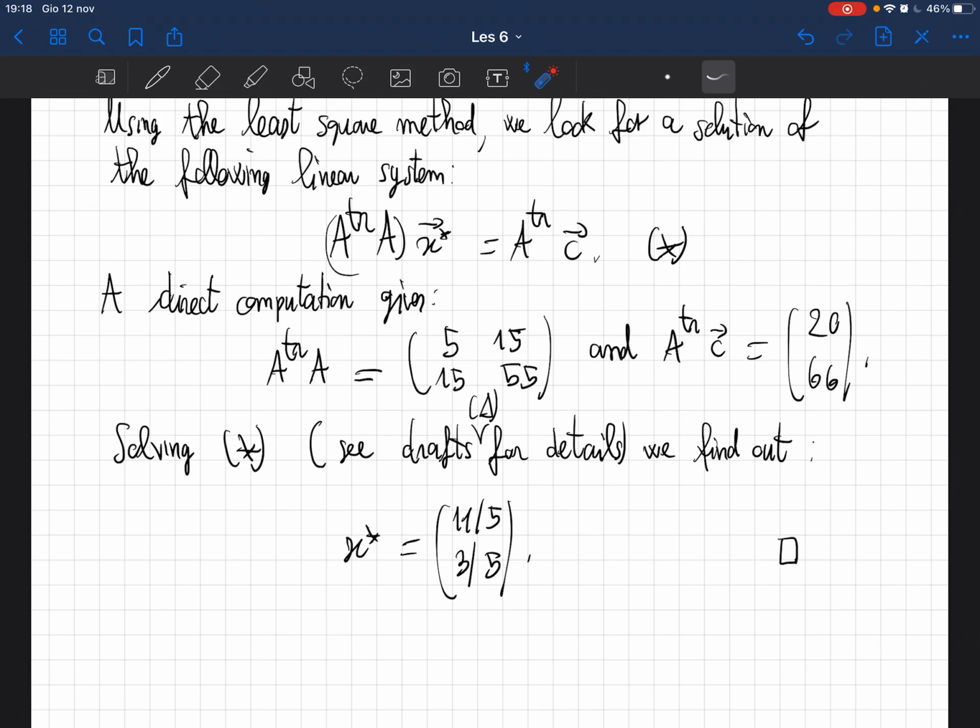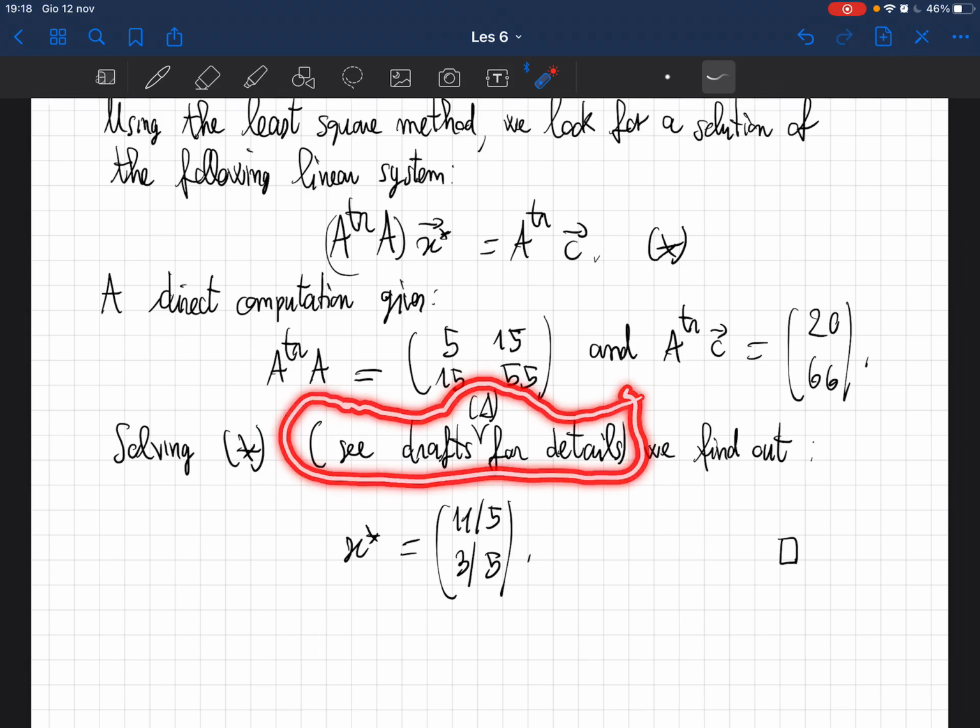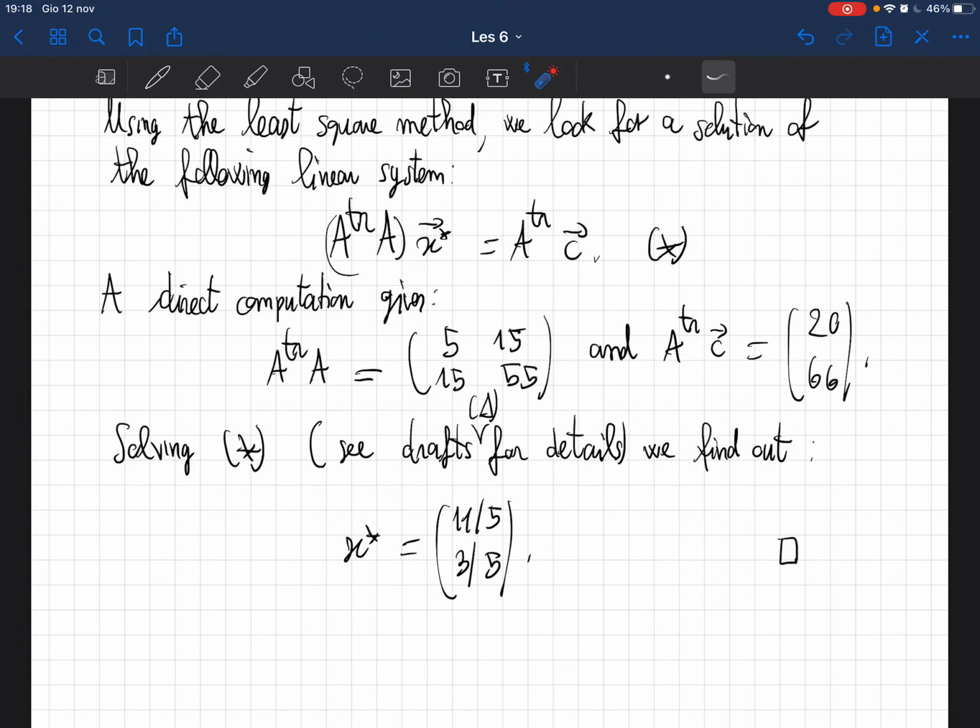But I'd say don't take any risk. If you don't feel like rewriting computations you find straightforward, in this case there is nothing that can go wrong. There are no parameters, no tricky things, so you can refer to your drafts. In this case, it will be okay and acceptable and not very risky.